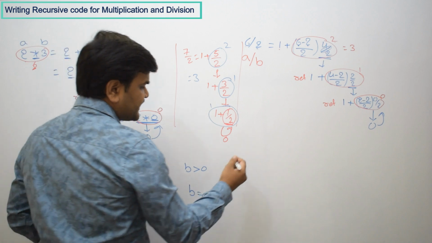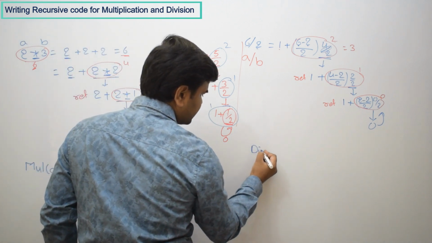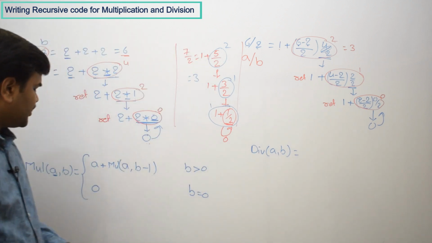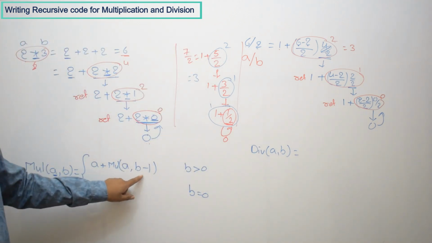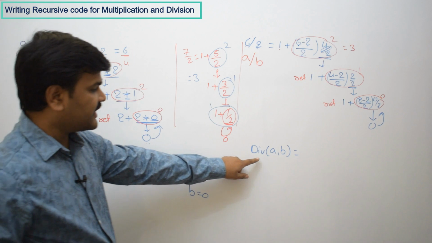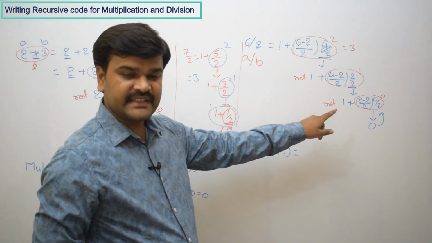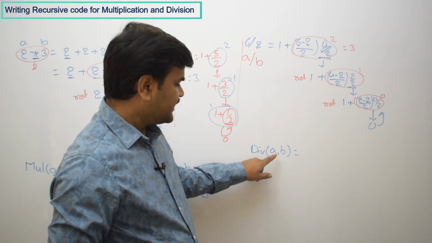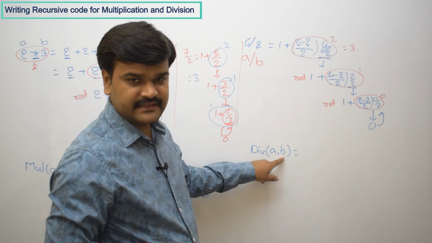So here division A comma B. Okay, so here the second parameter is always B, but if you observe here, what is going to change? The first parameter is going to change actually. A is the numerator, B is the denominator.